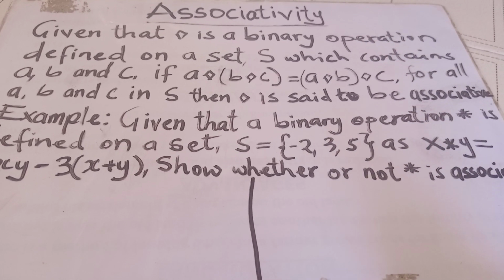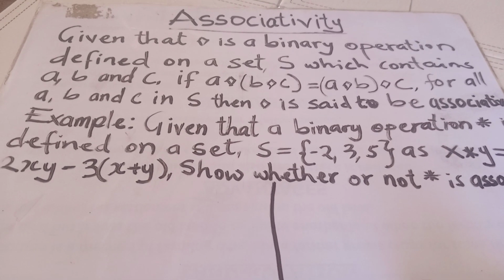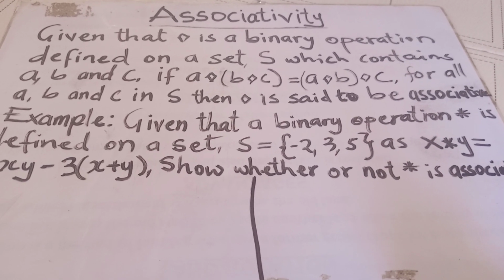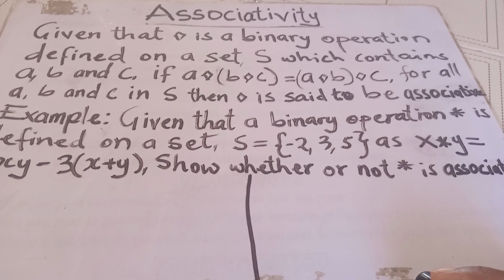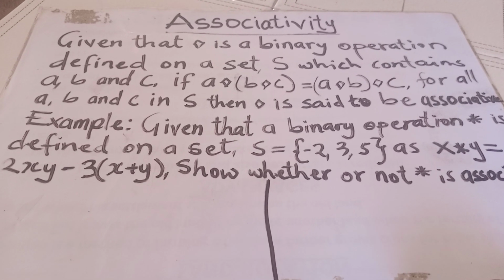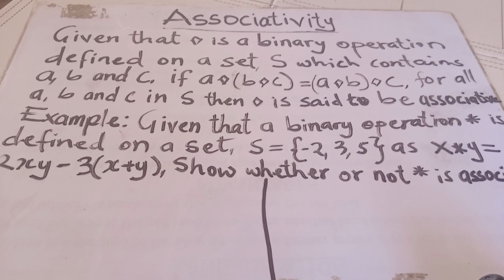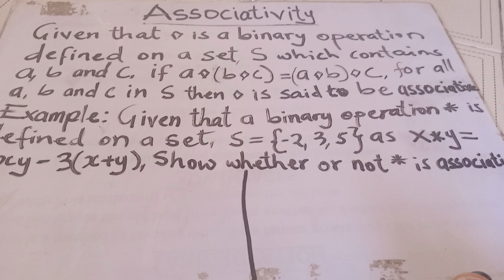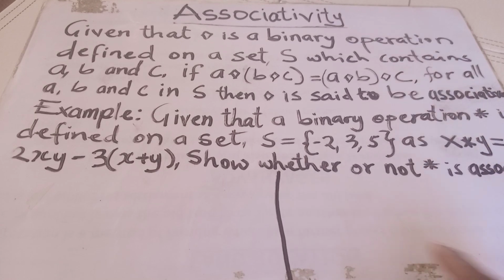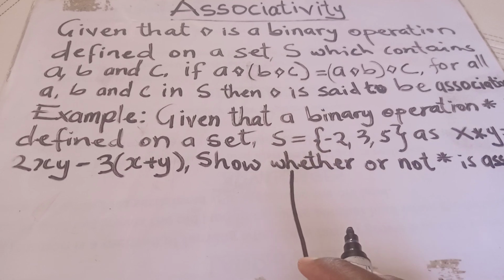So let's have this example. Given that a binary operation is defined on a set S, {-2, 3, 5}, as x operated on y equals 2xy minus 3(x plus y). Show whether or not the binary operation is associative. We are given the set -2, 3 and 5.